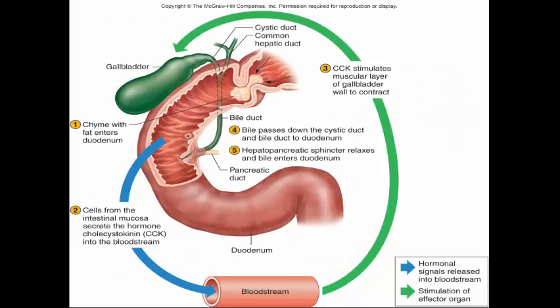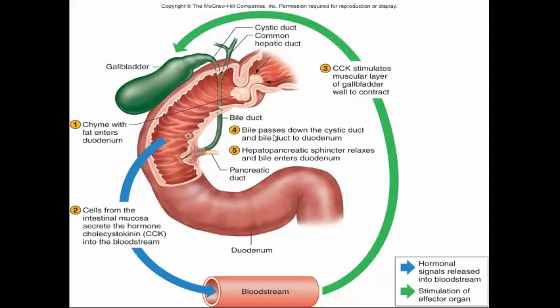Alright, here's another flowchart explaining that. You have that acidic chyme with fat entering the duodenum, the first part of the small intestine here. A certain layer of the intestinal wall will secrete CCK into the bloodstream. That CCK will stimulate the walls of the gallbladder to contract, and then to inject bile.